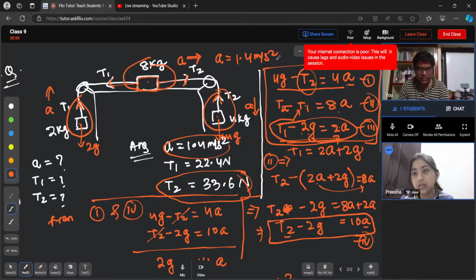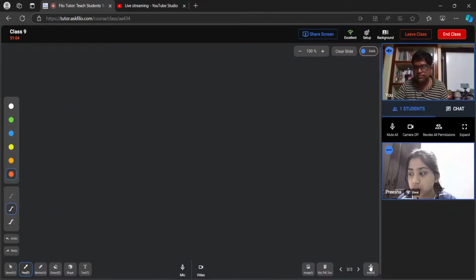Now the inclined plane problem, or before the inclined plane problem, let us do another problem, then we'll come to the inclined plane problem. Let us solve this question.